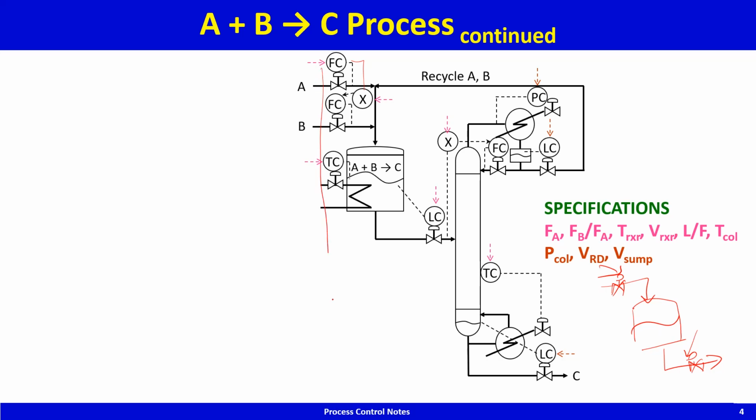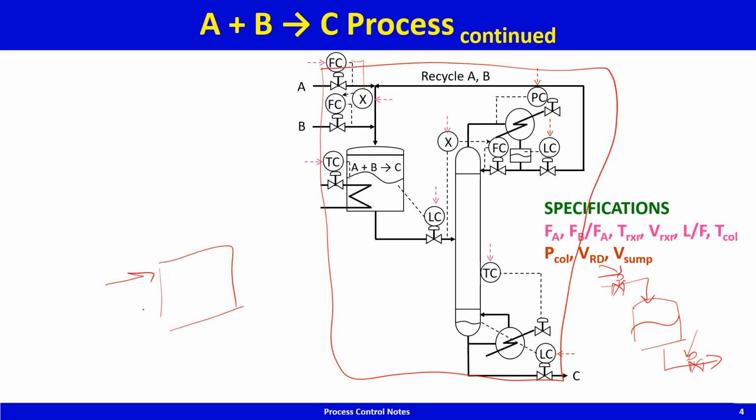Similarly, in this process, if you treat this process as a tank, you're putting in fresh A, you're putting in fresh B, and you're taking out C. You specify fresh A, you keep B in ratio with A, but nevertheless the amount of A that's going in and the amount of B that's going in can be slightly off because of flow errors, and therefore because the temperature controller on the column does not allow any A or B to leave down the bottoms in the product stream, any excess A or B, whichever is in excess, will build up in the recycle loop until some process constraint gets hit.